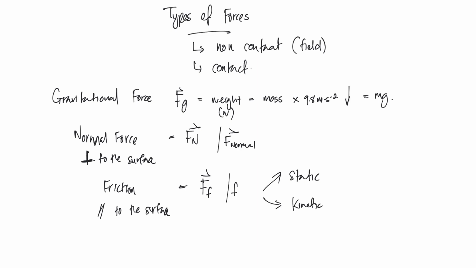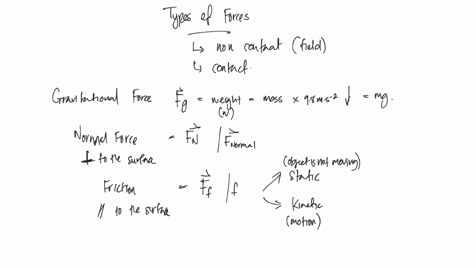What's static friction? This is if the object is not moving. Usually with static friction, it's on surfaces that resist motion. Kinetic means your object is in some sort of motion.